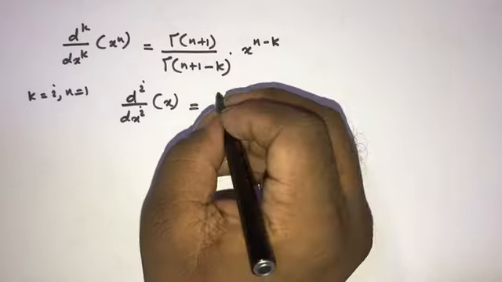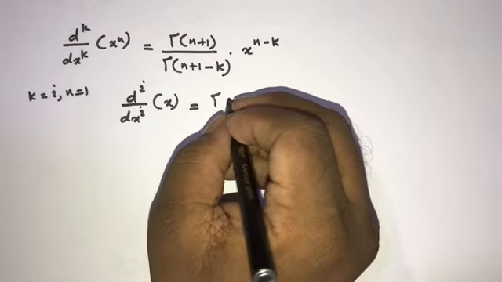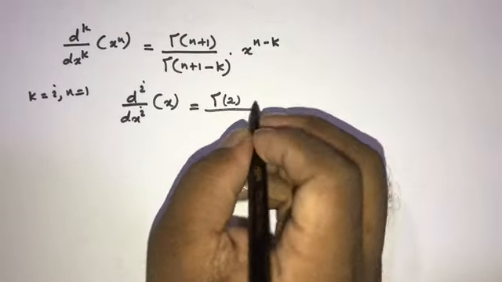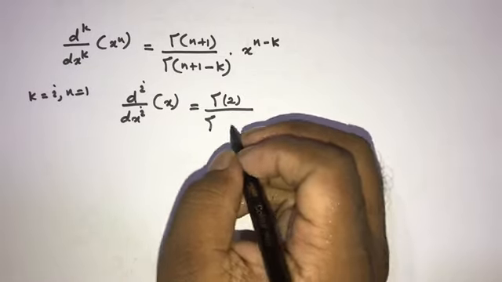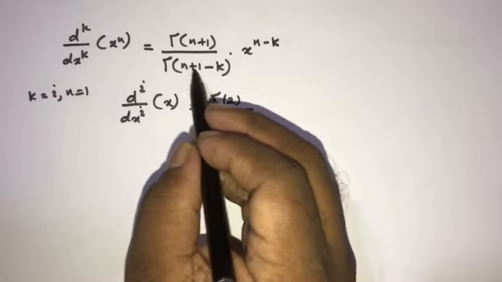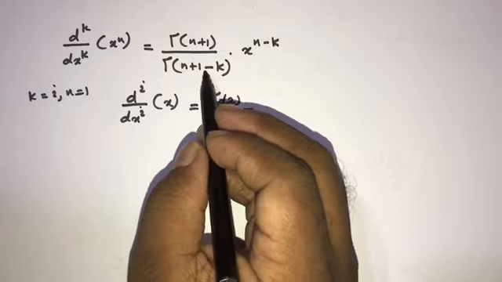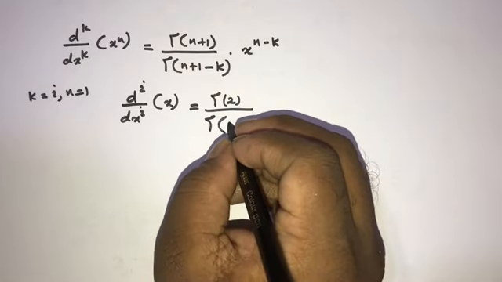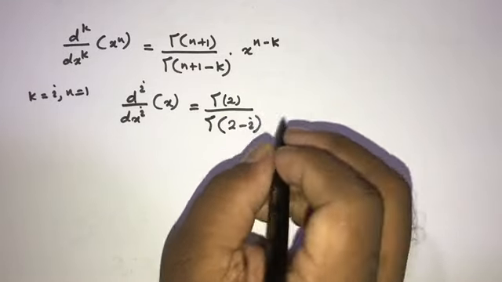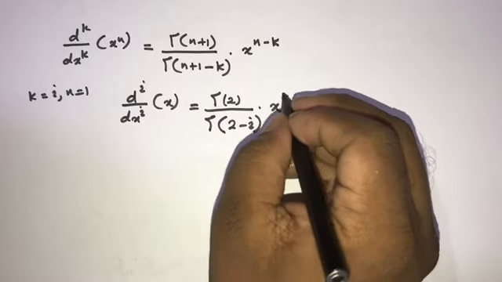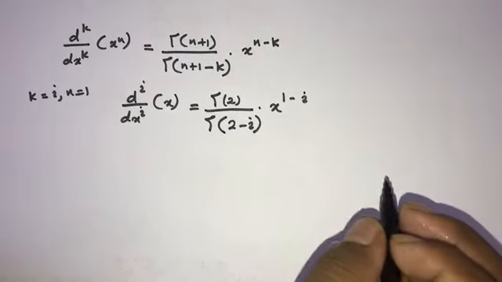Now this is equal to gamma of n plus 1, so gamma of 2, over gamma of n plus 1 minus k, so gamma of 2 minus i, times x to the 1 minus i.